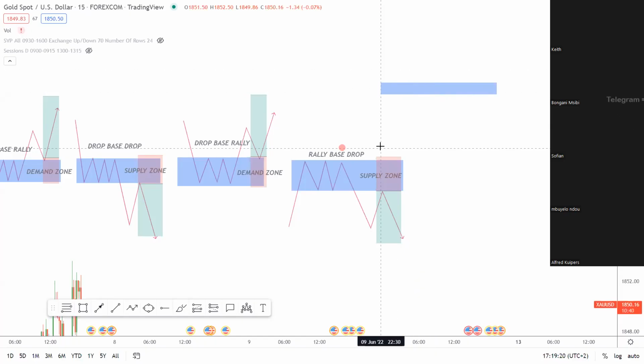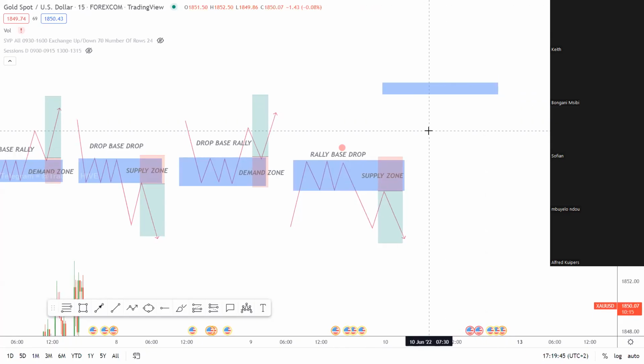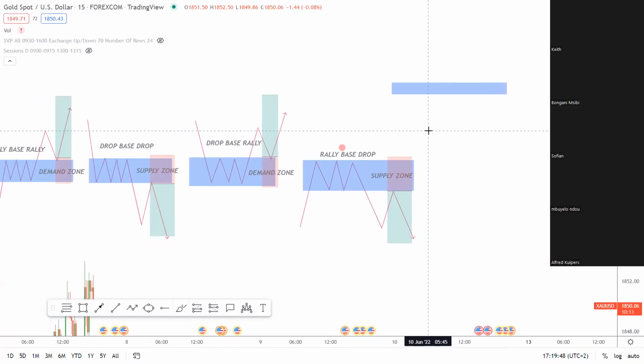But I know that if the trend is very bullish, for example, price will most likely break out supply zones, or if the trend is very bearish, I know price will most likely break out demand zones. Or if the zone is not fresh enough, I know price might also break it out, okay? The zone has already been tested many times. Most likely the next time price reaches the zone, it will break out, okay? I'm not sure if this answers your question.